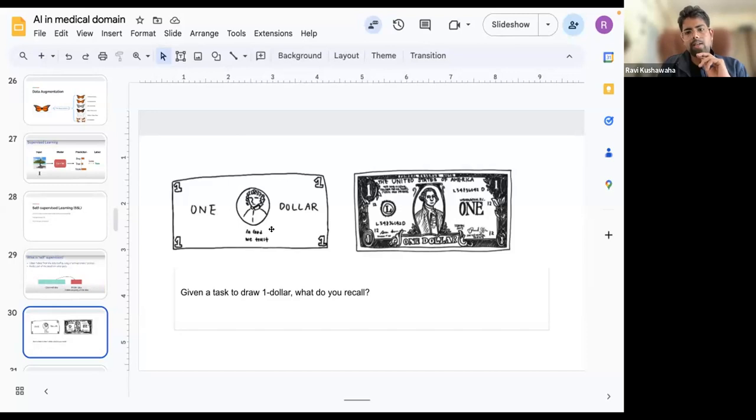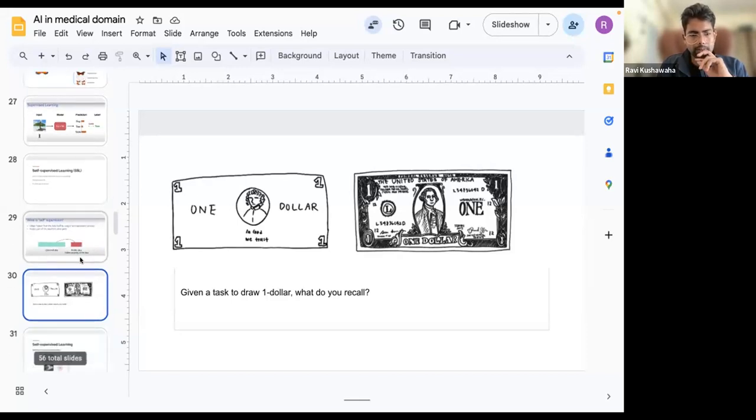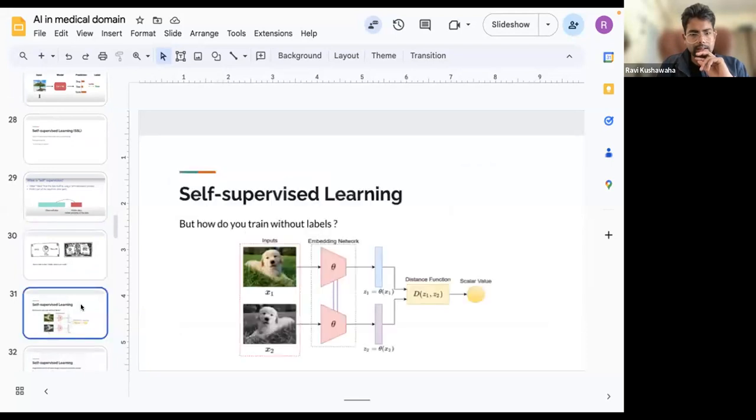If I ask you to draw or recall what a $1 note is, what do you recall? Only those features that are necessary, disregarding the leaves, and the random number or signature. We disregard these things and just take the features which are meaningful. But how do you train without labels?